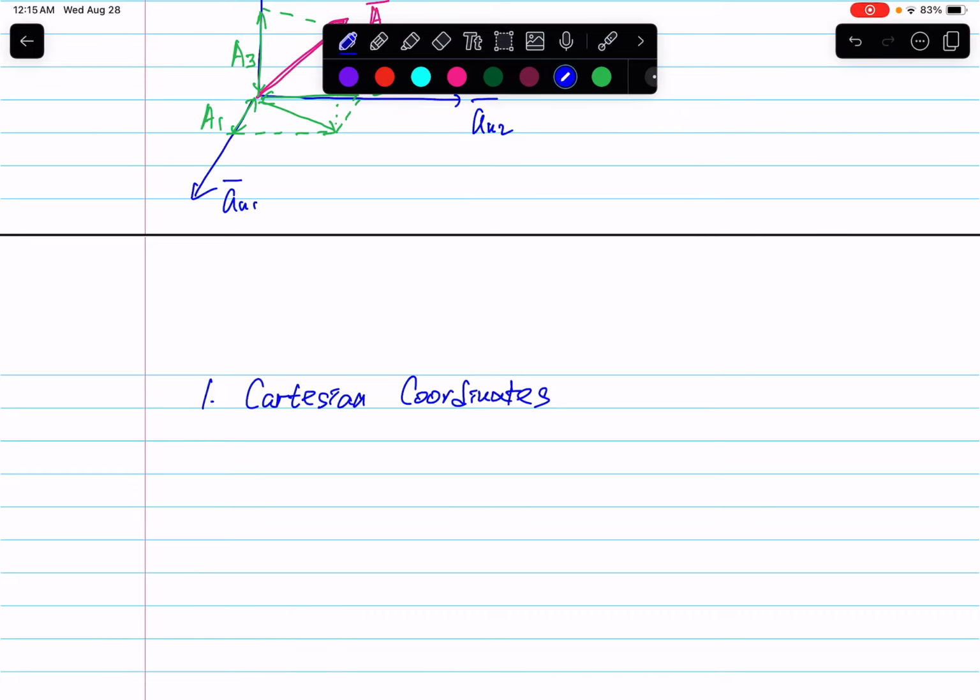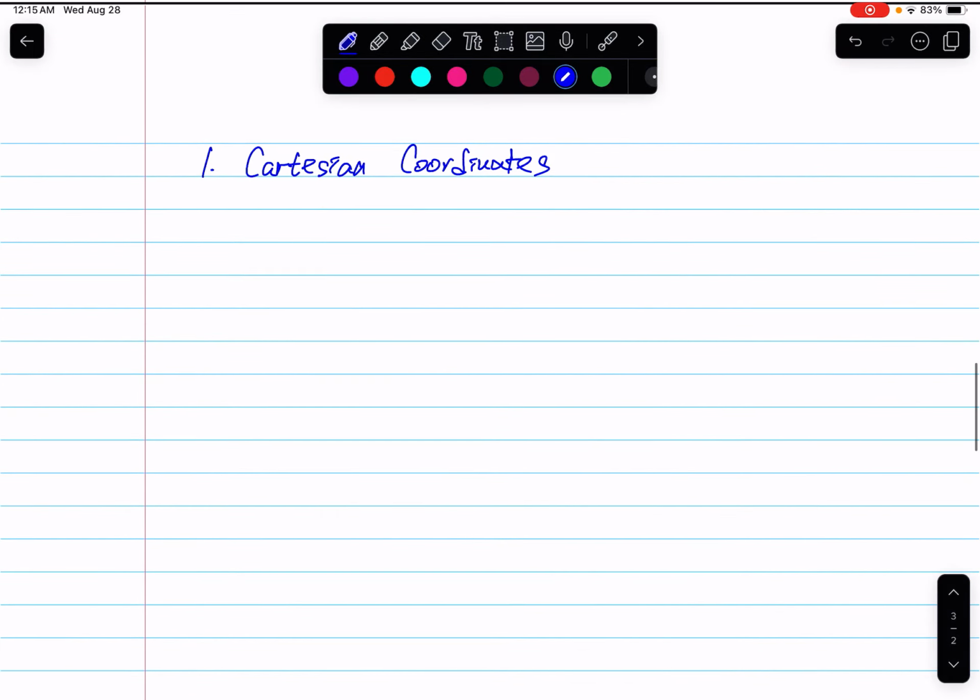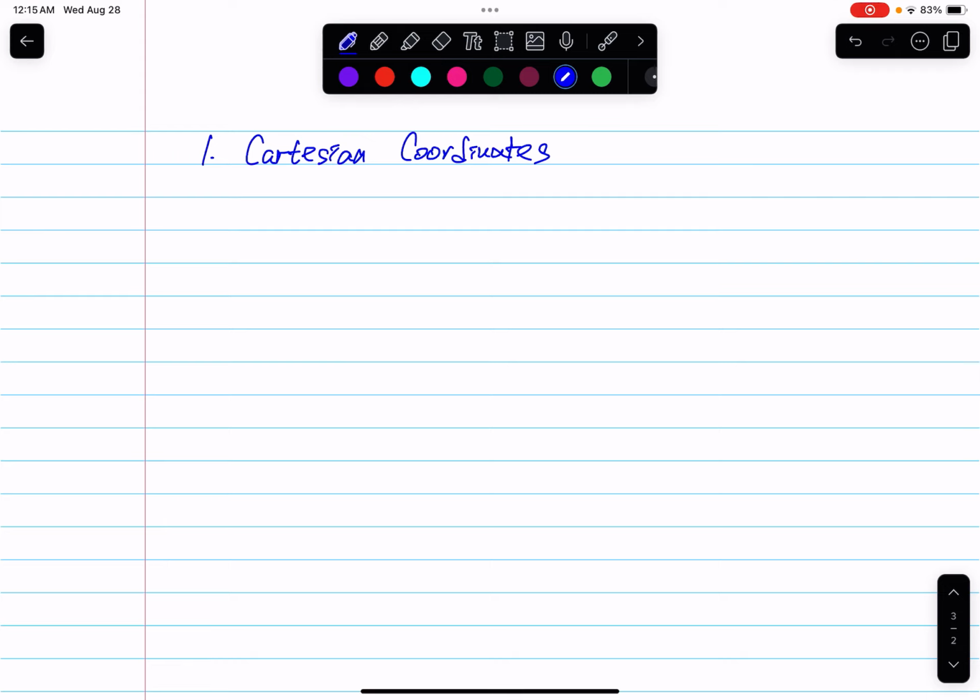Okay, so Cartesian coordinate is the most, I would say, general coordinate system, which is an XYZ coordinate system.